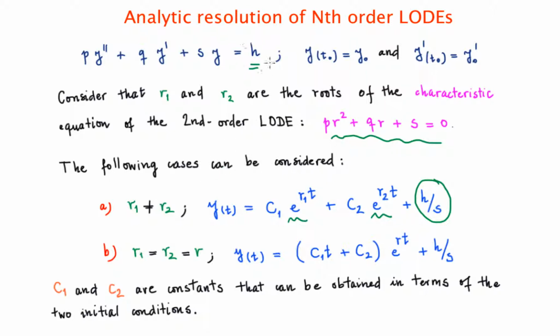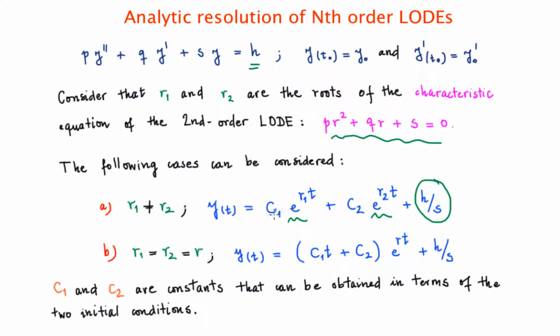So instead of 0, you have a constant here, and the solution will be this one for the homogeneous part plus this extra term, because the right-hand side is not 0 but a constant. So this is for the case where the two roots are different, and for the case where the two roots are the same, we have this other kind of solution.